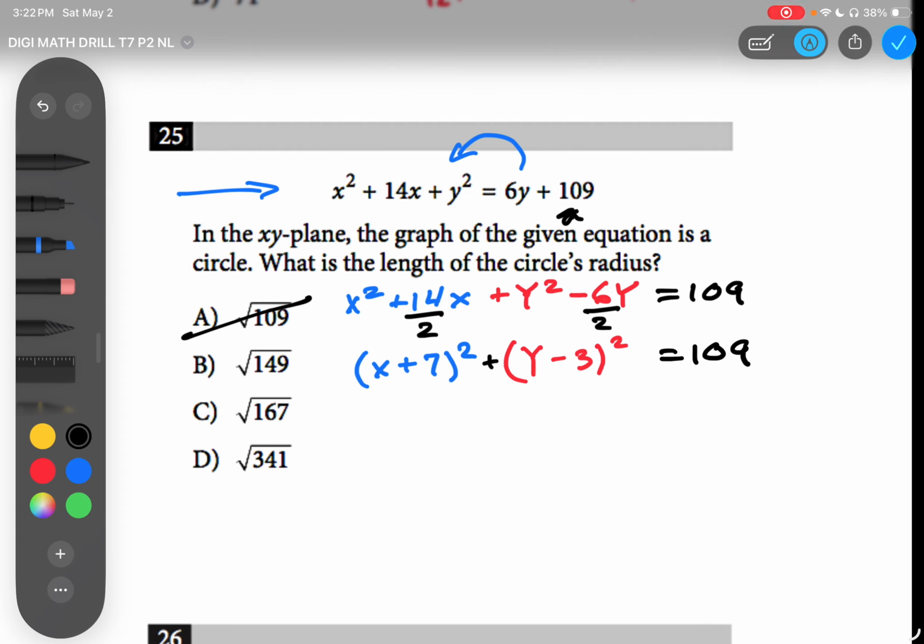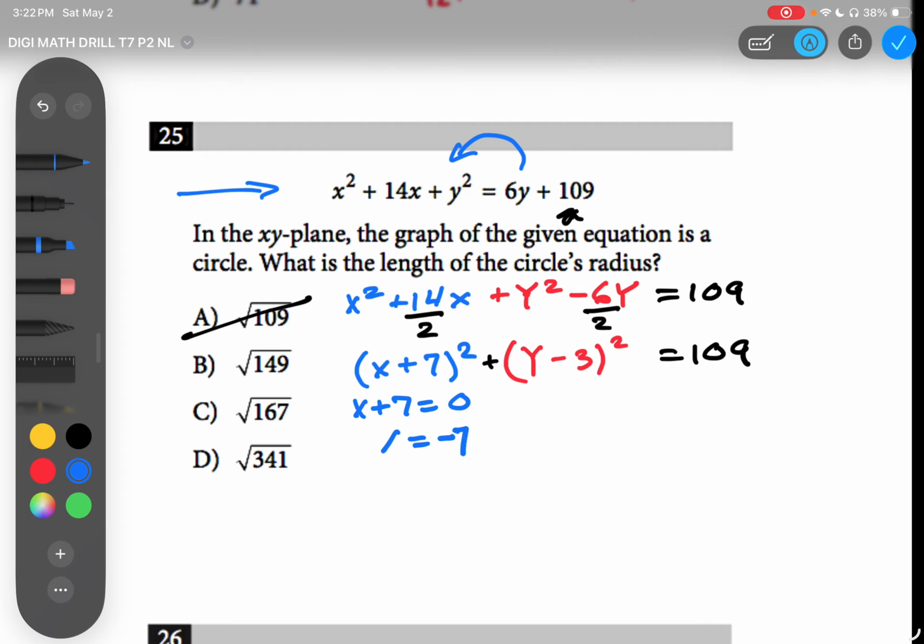All right, at this point, if the question had not asked us for the radius, but instead asked us for the center coordinates of the circle, the center coordinates are now in your face. If you take x plus 7 and set it equal to 0, we're going to get the x coordinate of the center of our circle. So x would equal negative 7.